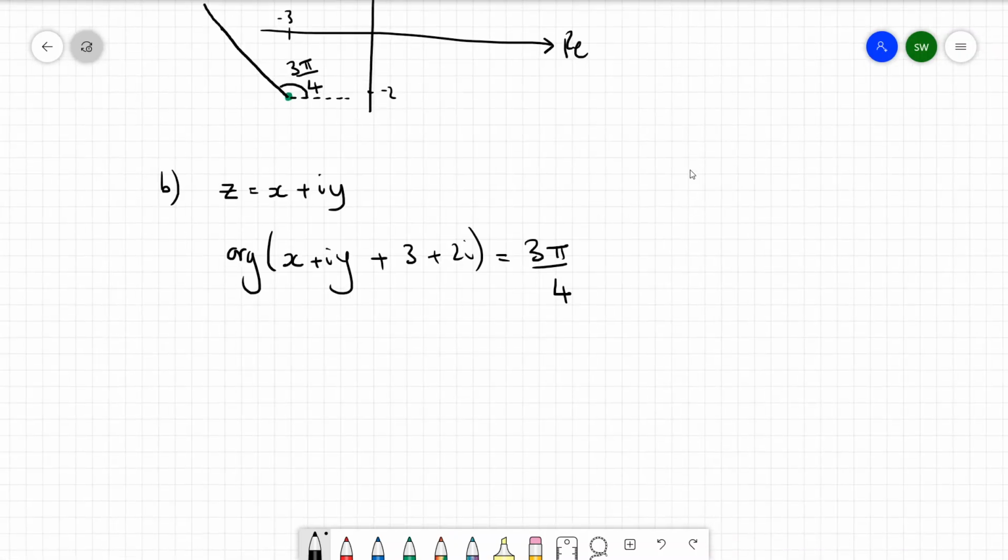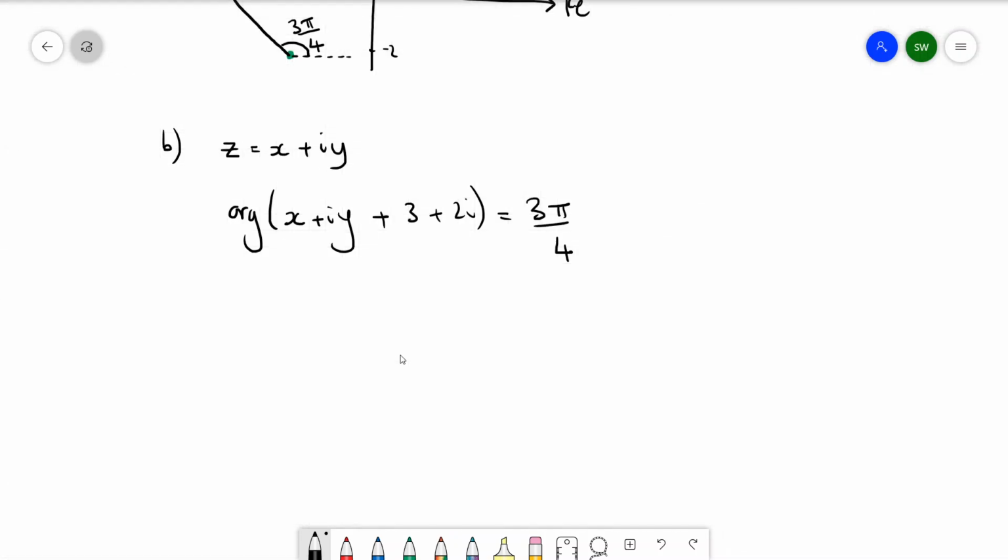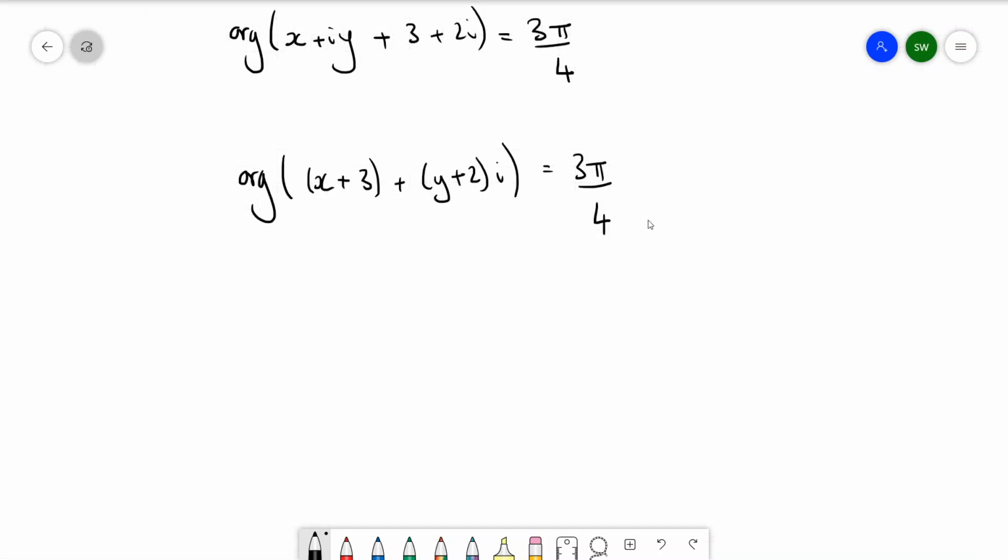So just like we always do, when we do it algebraically, we're going to collect together the real part of this complex number inside the bracket. So the real part is x plus 3, and the imaginary part is y plus 2. So we've got y plus 2, and take i outside the bracket. So we're now just going to use the formula.